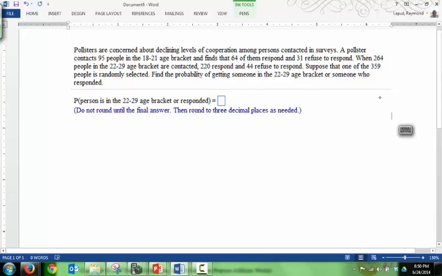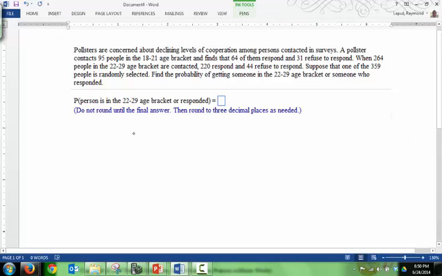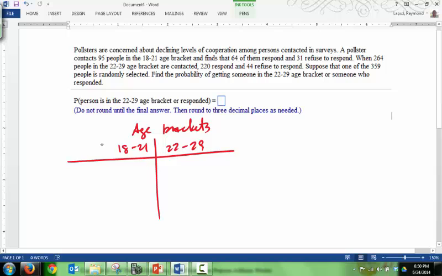We can create a table here with age brackets. The age brackets they talk about are 18 through 21 and 22 to 29. Is there more? That's it. And for each of these age brackets, they talk about people who respond or refuse to respond.